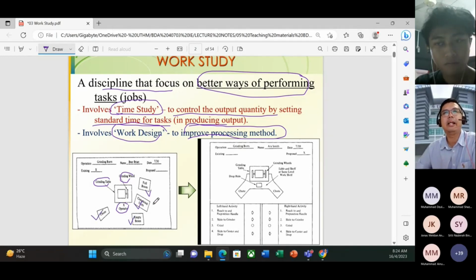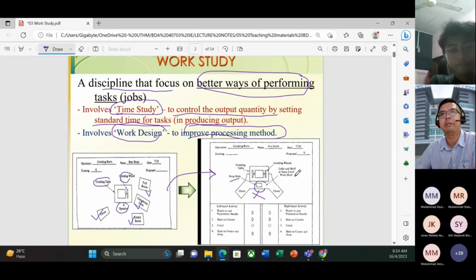Then we want to arrange again, we want to design this workstation or work units in a proper way. So it means the operator will be here, and the drop hole will be in the center line, and the table and shaft at the same level as the work shaft. Grinding wheel will be here, grinding table will be here, cube will be here.